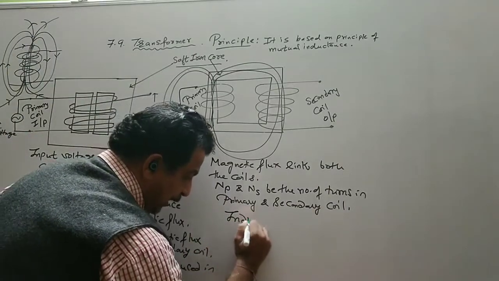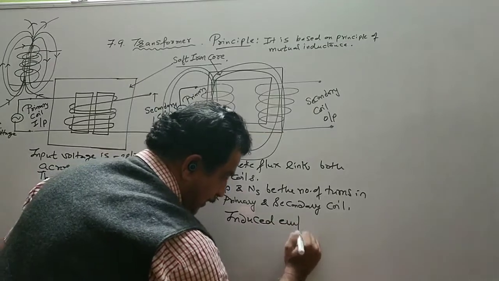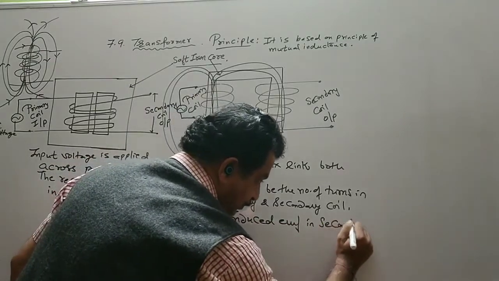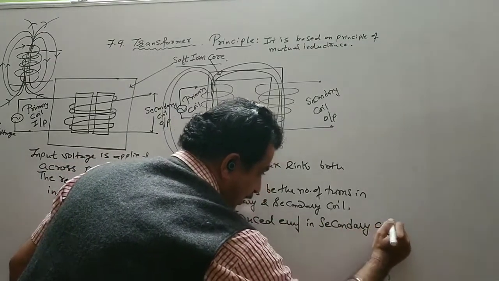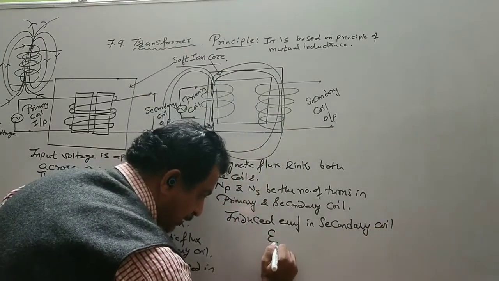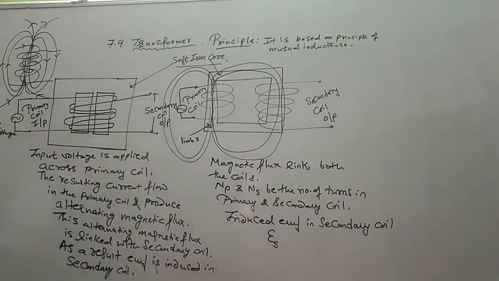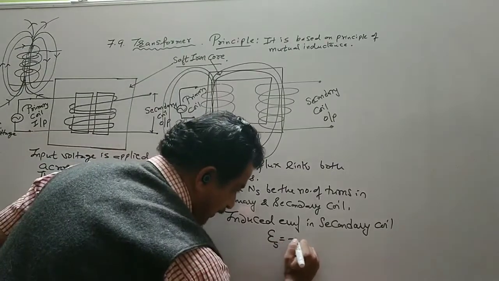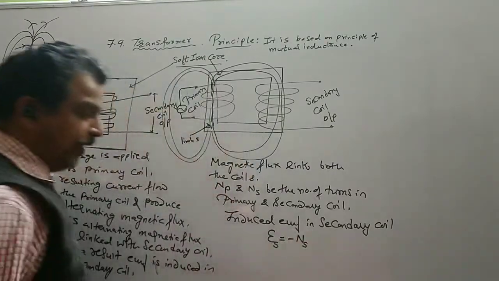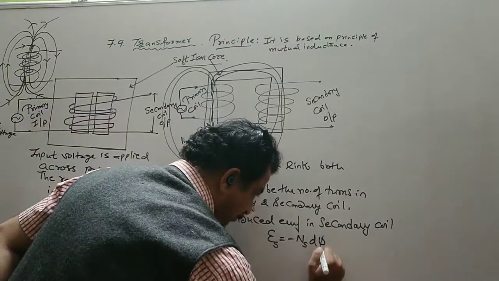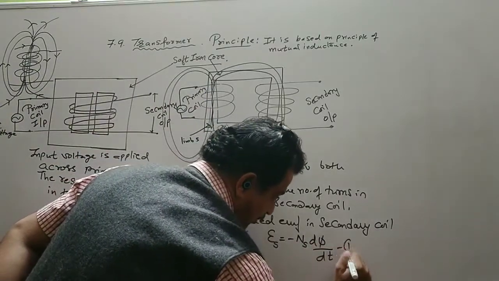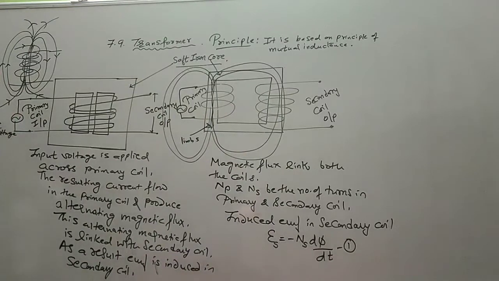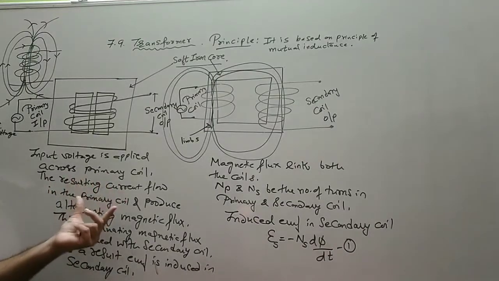So the induced EMF in the secondary coil we give the symbol ES, S for secondary, ES is equal to minus NS d phi by dt, that is the change in the magnetic flux. This change in magnetic flux is due to the current in the primary, which itself is alternating in nature.